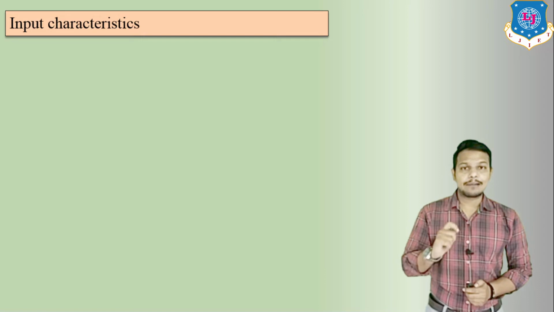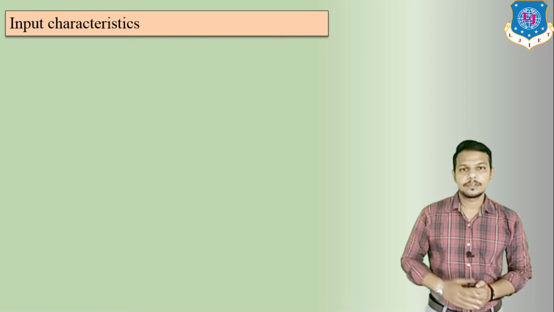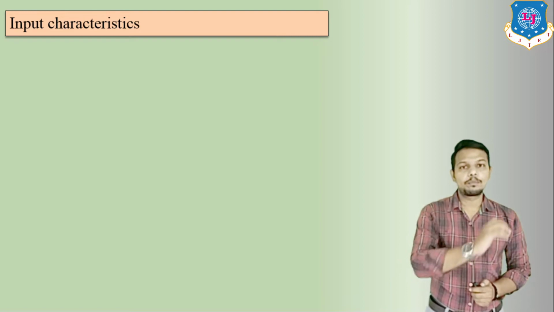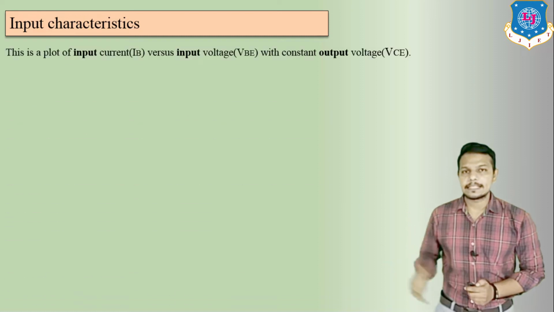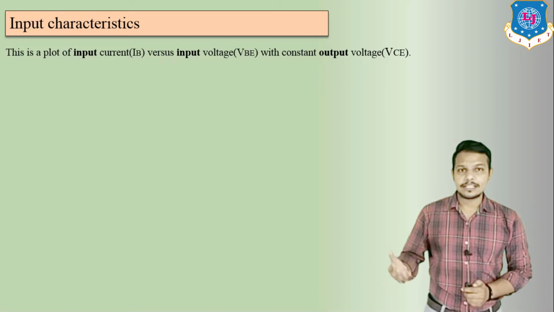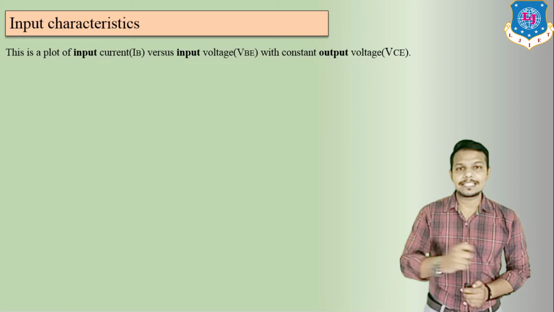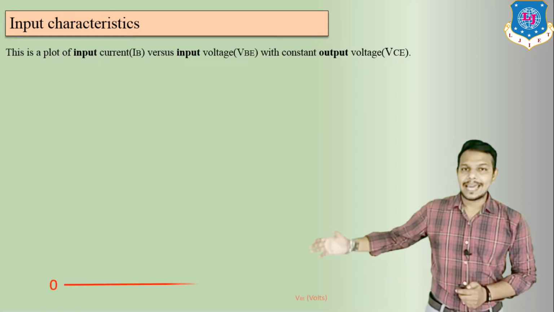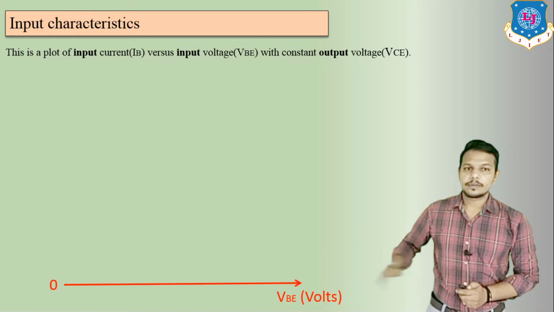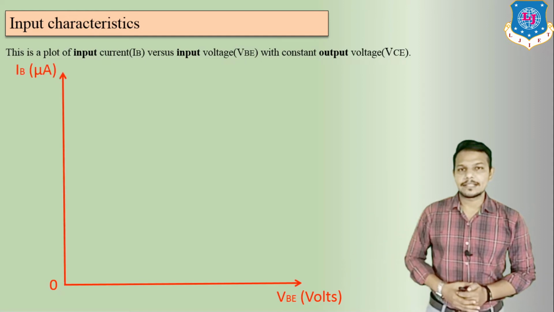We take input voltage and input current for values of output voltage. This is the plot of input current IB, the base current, versus input voltage VBE, the base-to-emitter voltage, with constant output voltage VCE. On the x-axis we take VBE in volts, and on the y-axis we take IB in microamperes.